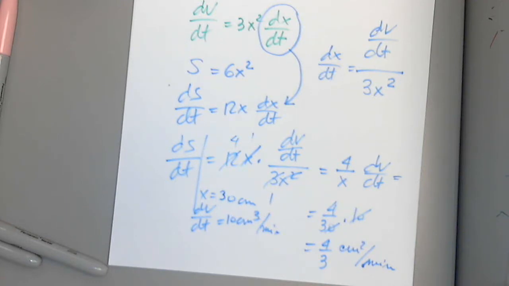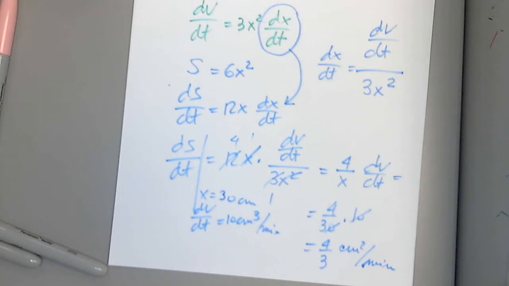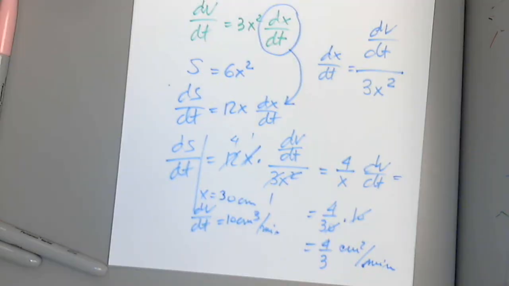So the only thing that I can suggest for related rates is read the problem several times, create a function that you need to differentiate implicitly, and then plug in the information. But I can't give a recipe for each and every one of them, because in some situations you may be given a function, you may not be given the function, you may have to create the function, so it depends on the problem.